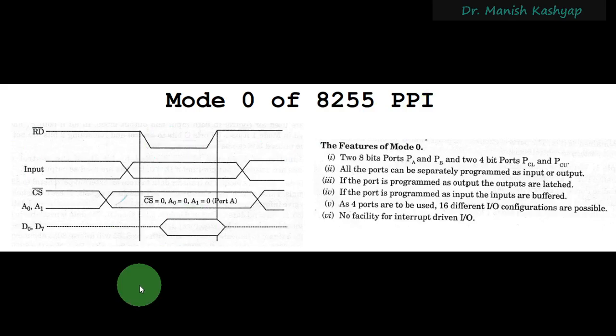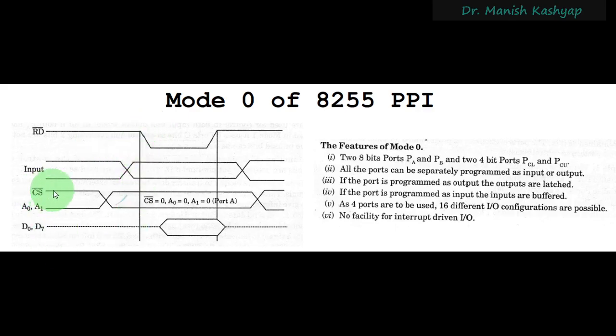So when we are operating in mode 0, suppose we are trying to read something. There is a peripheral connected to 8255 PPI. We want that peripheral to give us some data, because the 8085 or 8086 microprocessor, the main microprocessor of the system, is telling us to read that peripheral through 8255 PPI. So what will be the sequence of operations?